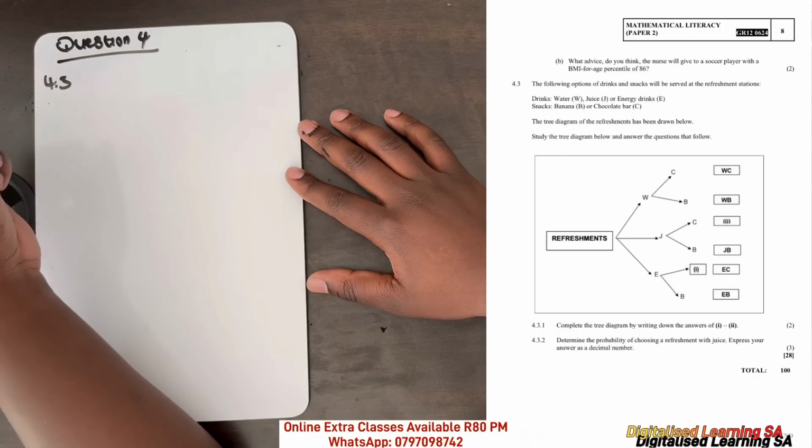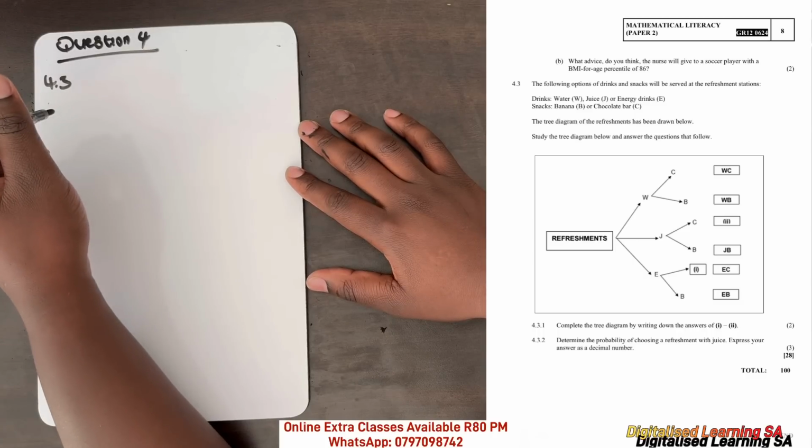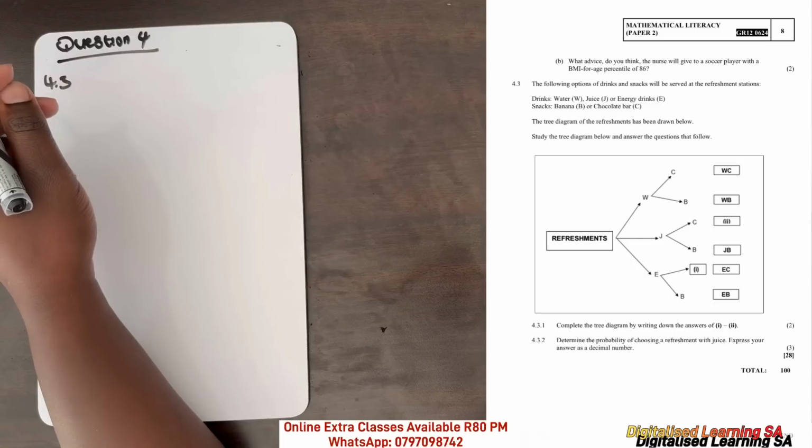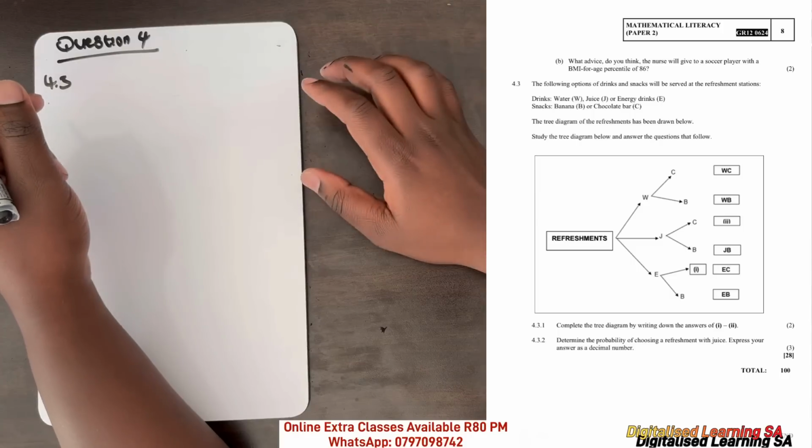Study the tree diagram below to answer the questions that follow. If we check the first one, we can see that it is a combination of W and C, which means water and chocolate. The second combination will be W and B, which means water and banana.